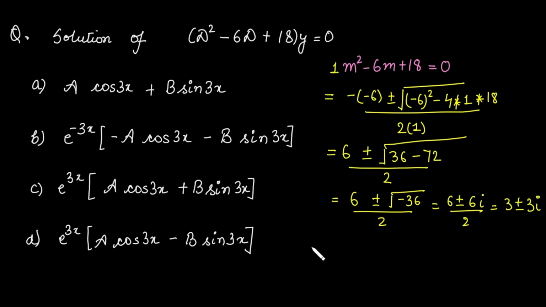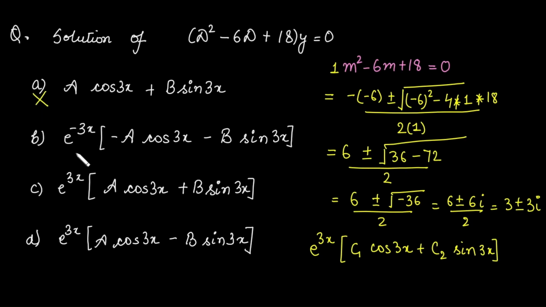So it has a factor e raised to power 3x, real part, first constant cos of imaginary part 3 plus second constant sine of imaginary part into x. So this type of a form is not available in A, so that is incorrect.